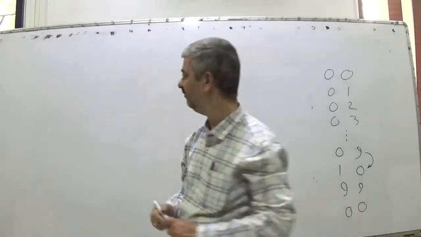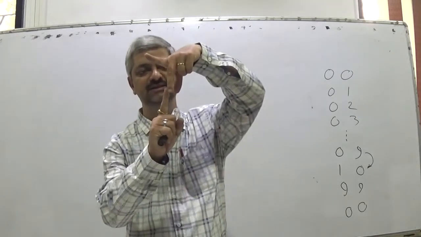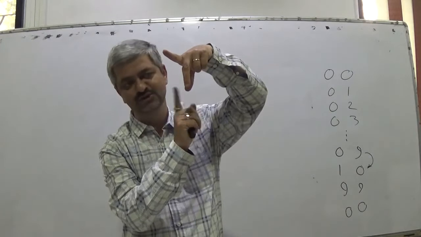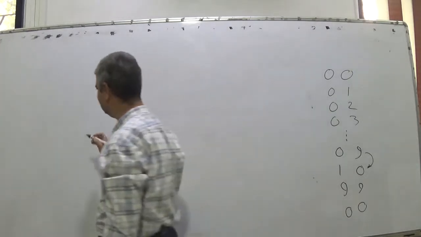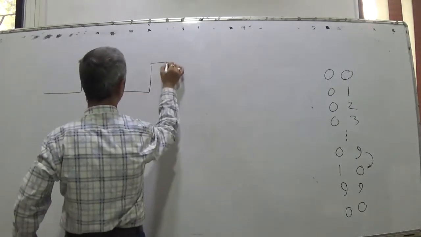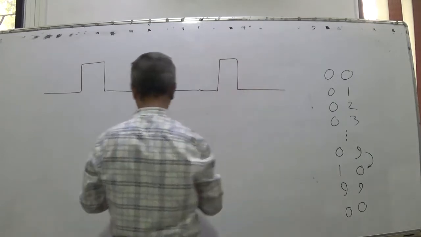So if we have appropriate signal conditioning circuitry at this infrared LED source and sensor, if I design a circuit, then I will be getting such pulses.